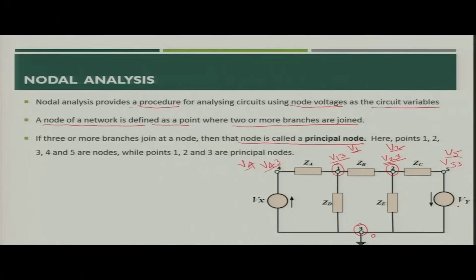Here it will be plus Vy, because the direction of voltage is from minus to plus. So V5 would be V2 plus Vy. When we get these node voltages, you can easily find the currents using Ohm's law.